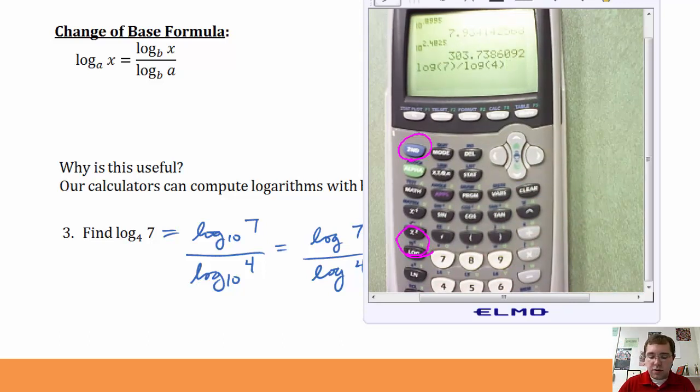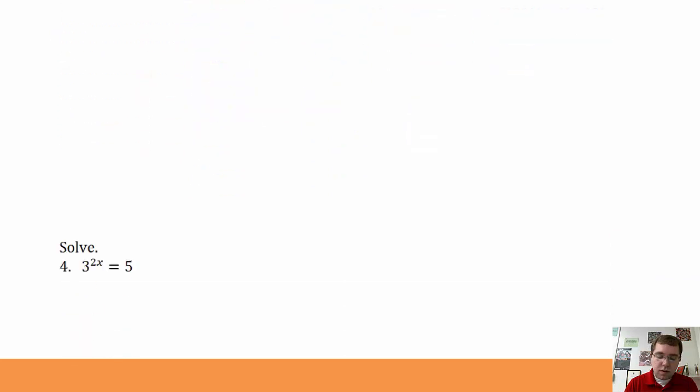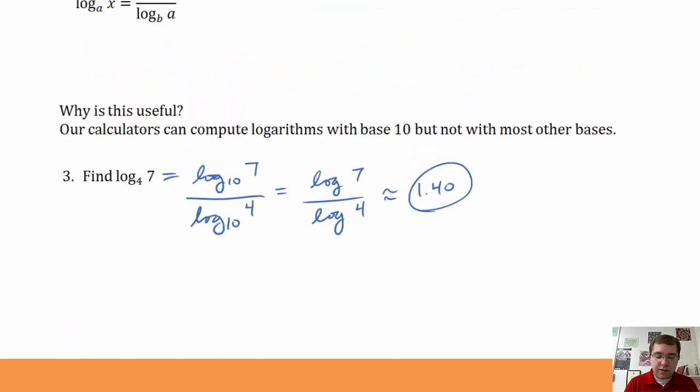This is telling it to do the log of 7 divided by the log of 4, which is really the log base 4 of 7. So this is approximately 1.40. Notice it's approximate because this is actually an irrational number. So that means, of course, that 4 to the power of about 1.40 is 7.